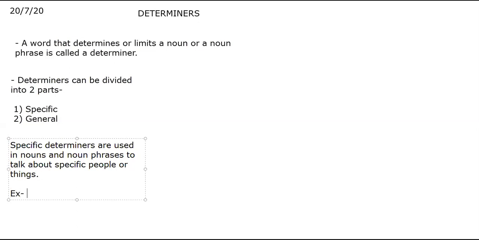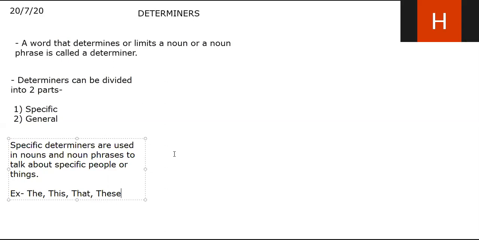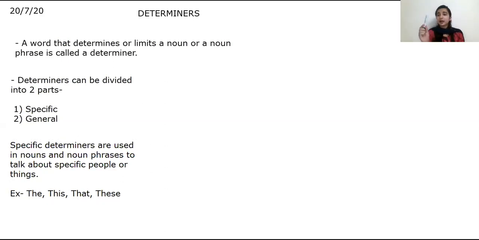Example, this, that, these. All of them are specific determiners because I specify and say this marker.